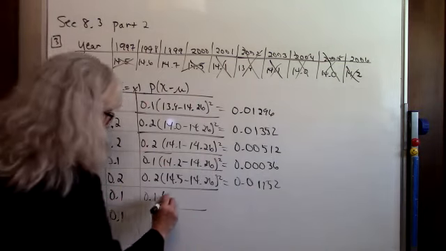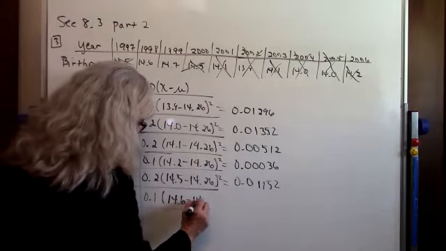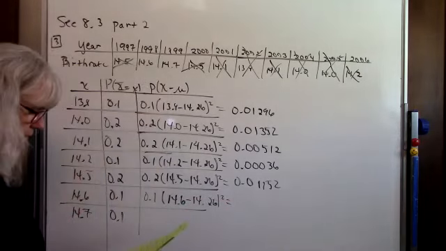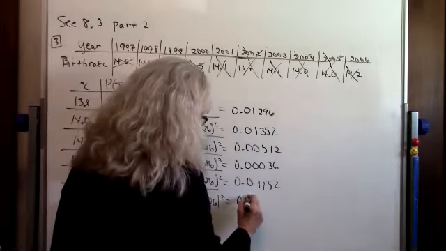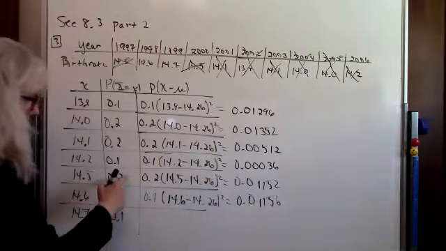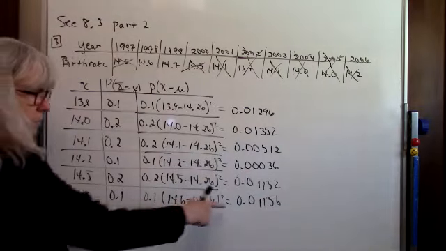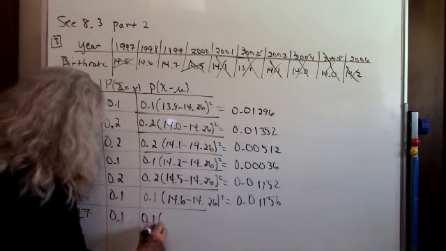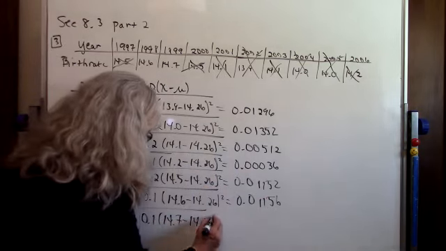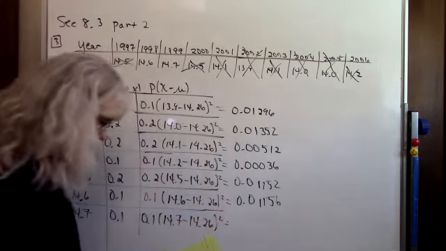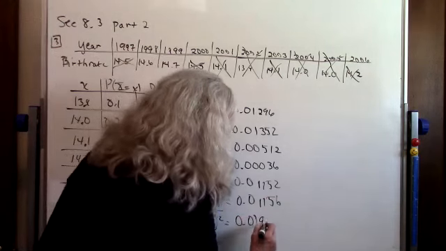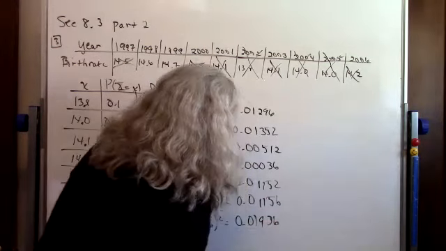Now we take 14.6 minus the 14.26 quantity squared, and because we're getting further away from the 14.26, we see these numbers getting a little larger: 0.01156. The difference here is this probability of 20% versus the 10%. And then finally 0.1 times 14.7 minus 14.26 quantity squared is equal to 0.01936. And hopefully you're checking these on the calculator.